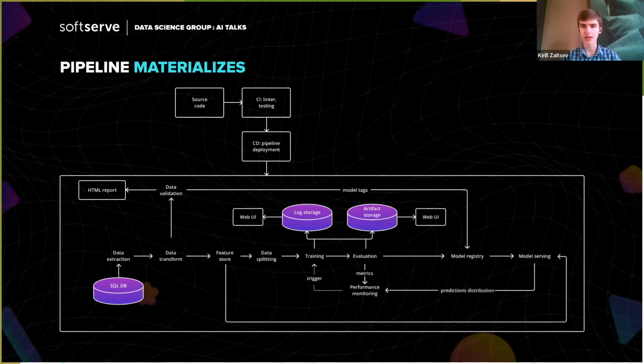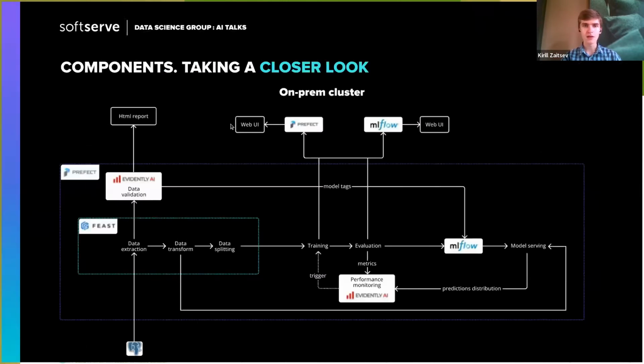It can help us identify models, and it can help us examine what exactly our experiments render. So, this architecture basically covers our end-to-end ML pipeline. Let's take a closer look.